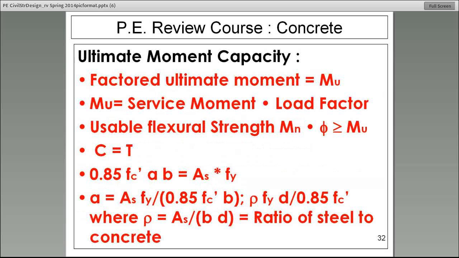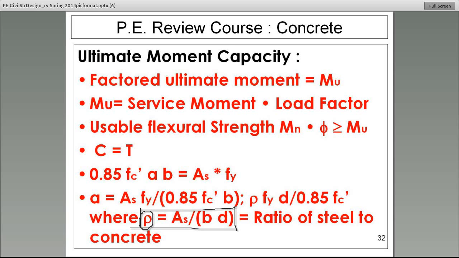Ultimate moment capacity here is just a summary in words of what I have already discussed with you. The only thing I want you to look at is at the bottom of this page. In that box, I am telling you rho. Rho is simply called the steel ratio.